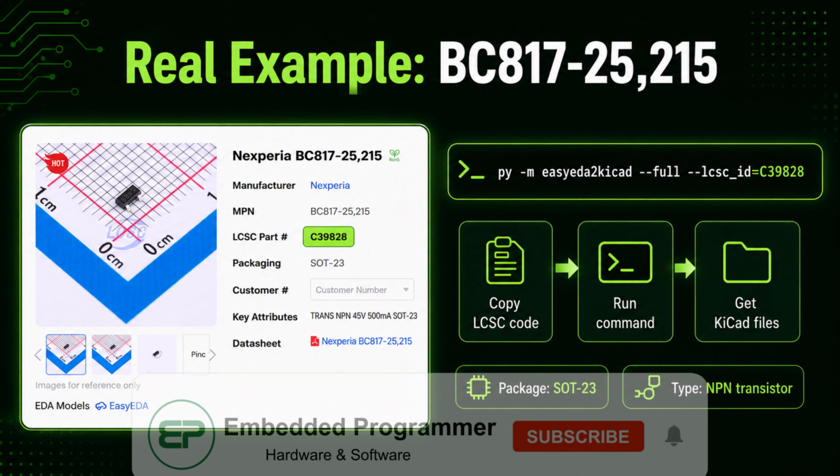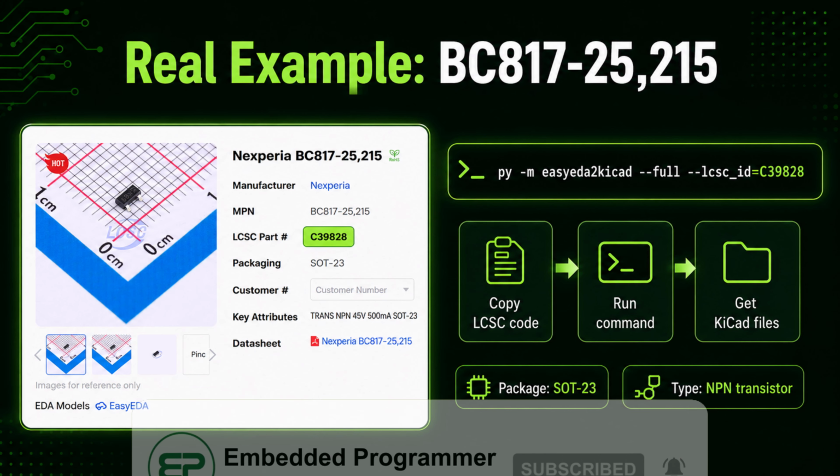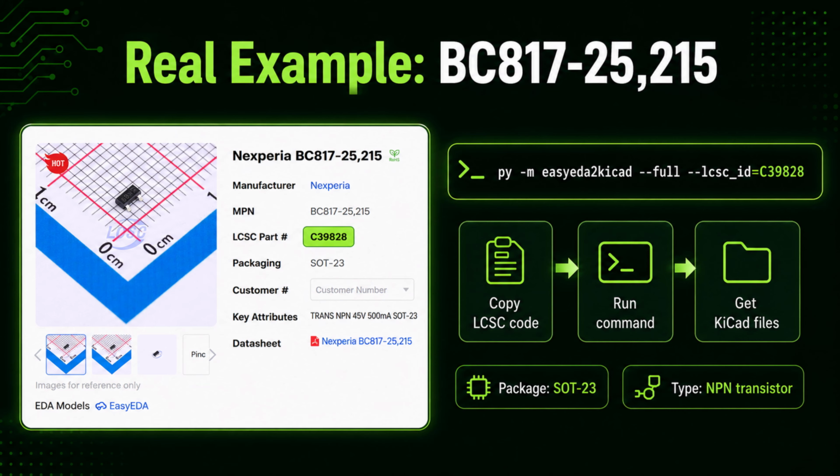Here is a real conversion example using the Nexperia BC817-25215 NPN transistor. The component uses an SOT23 package, and its LCSC part number is C39828. After confirming these details on the component page, run the full conversion command with C39828 as the identifier.